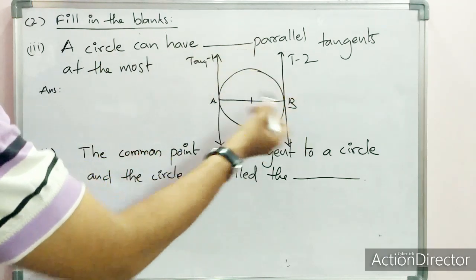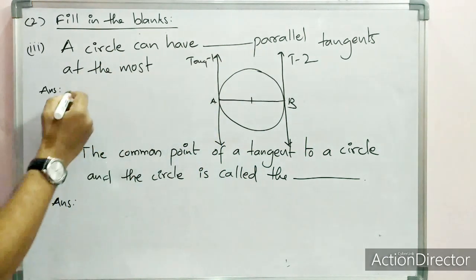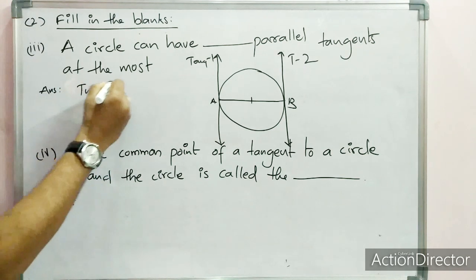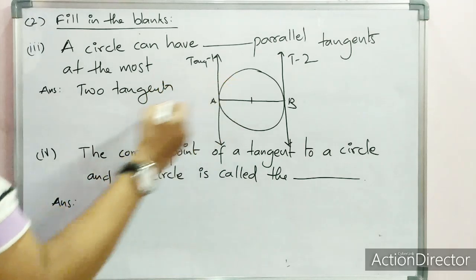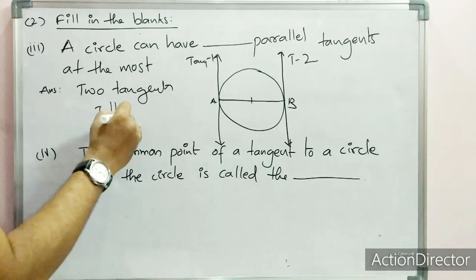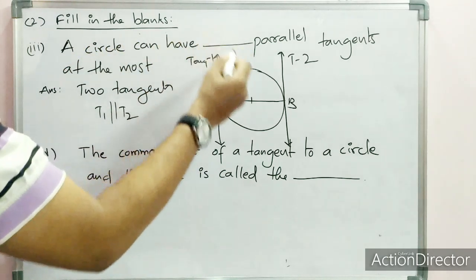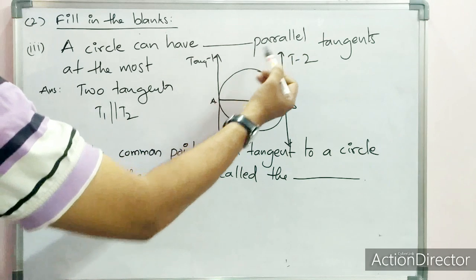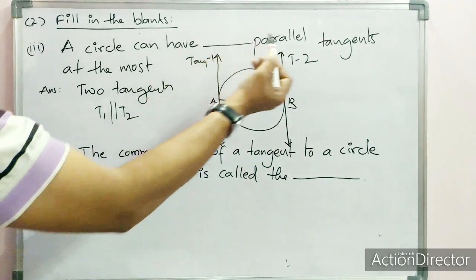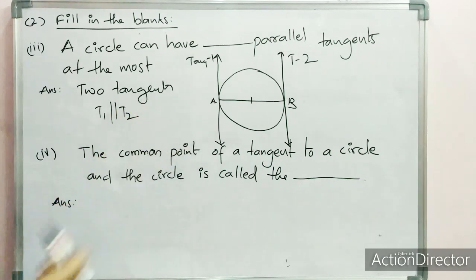Like this, how many can we draw? Only two tangents can be drawn at the most. Therefore the answer will be two tangents, where T1 must be parallel to T2. It should be parallel and it should be tangents. Therefore only two tangents are possible.